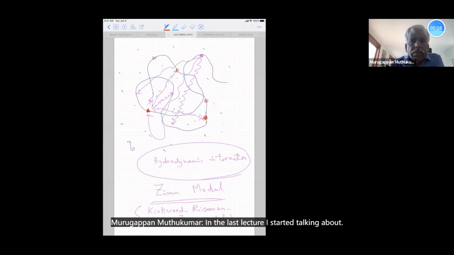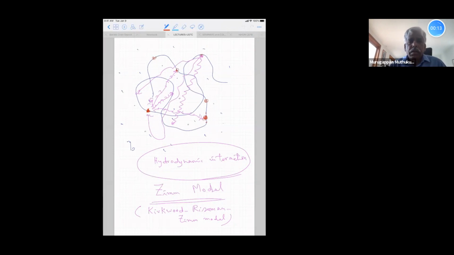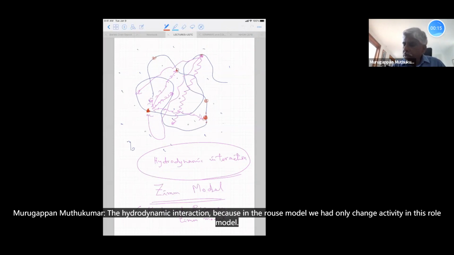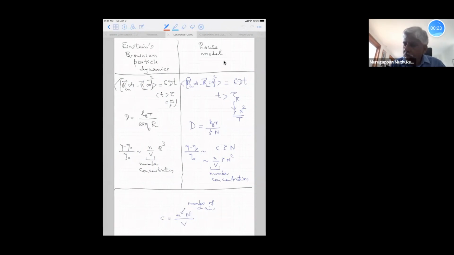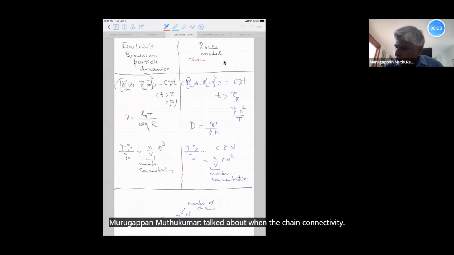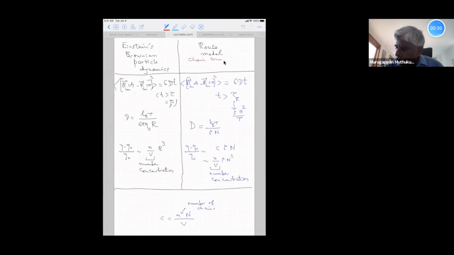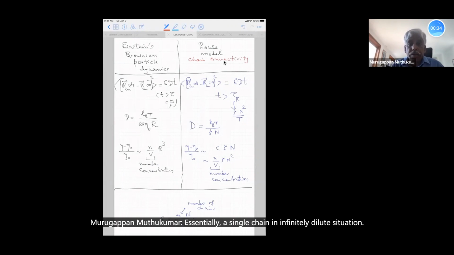In the last lecture, I started talking about the hydrodynamic interaction, because in the Rouse model, we had only chain connectivity. In this Rouse model, we had talked about only chain connectivity, essentially a single chain in an infinitely dilute situation.